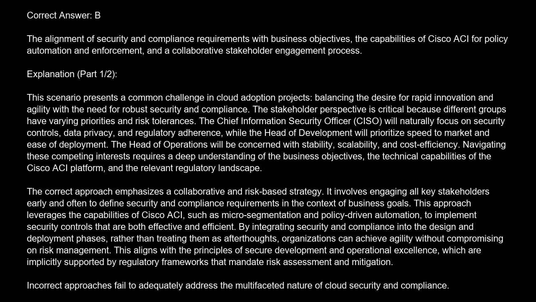By integrating security and compliance into the design and deployment phases, rather than treating them as afterthoughts, organizations can achieve agility without compromising on risk management. This aligns with the principles of secure development and operational excellence, which are implicitly supported by regulatory frameworks that mandate risk assessment and mitigation.